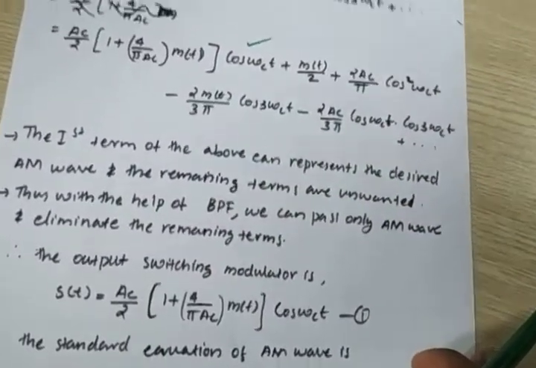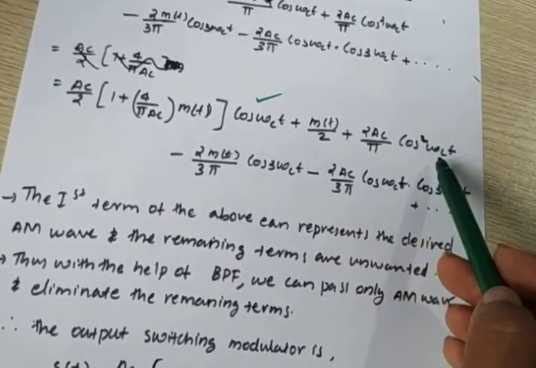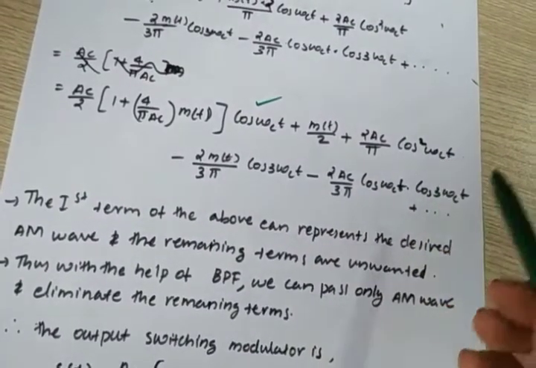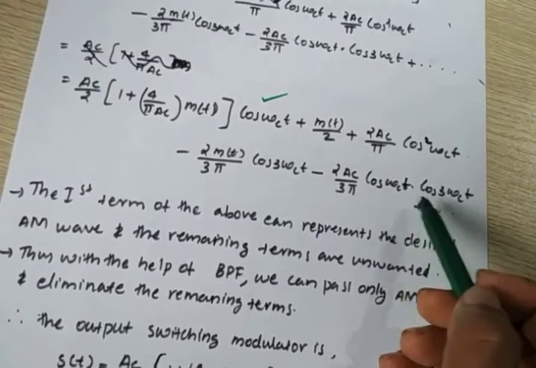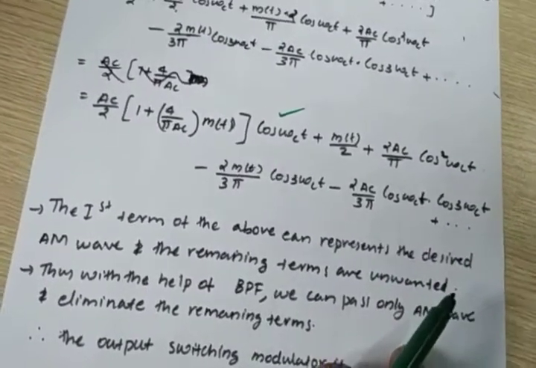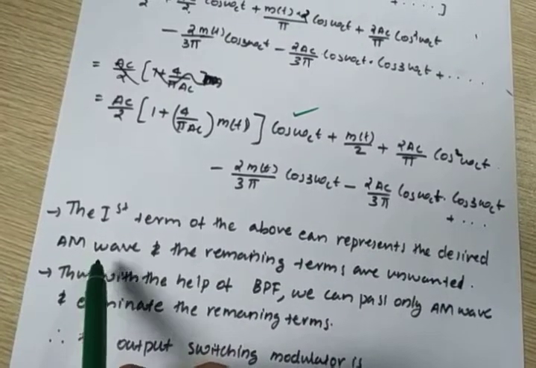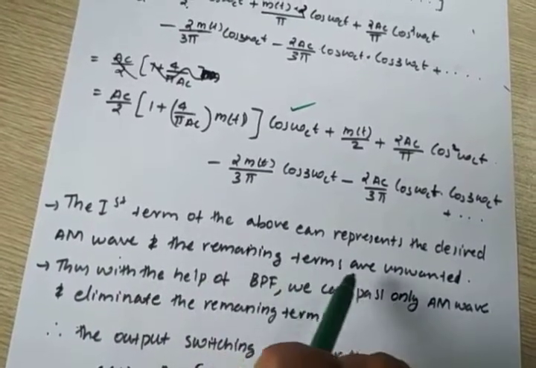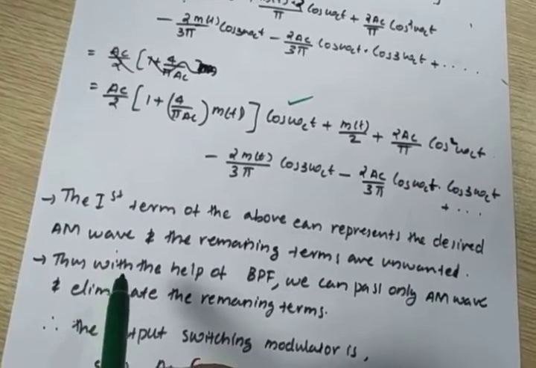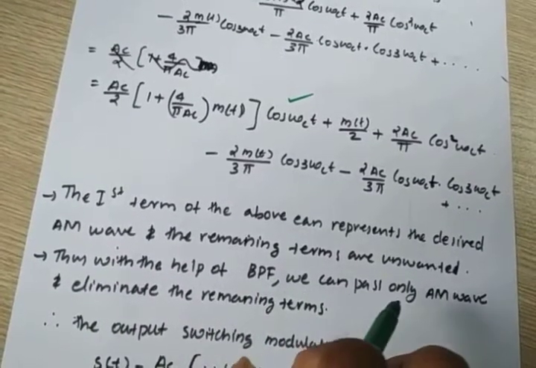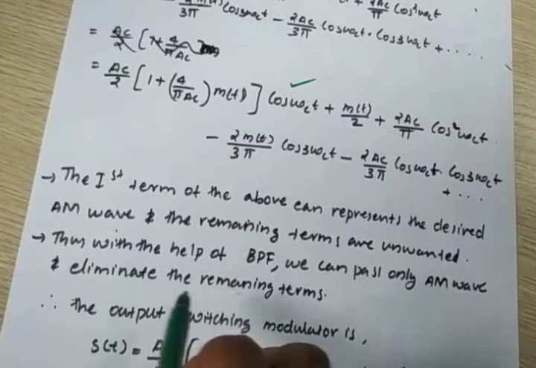Okay, what about here cos square omega c? Here cos omega c into cos 3 omega c. That is a problem. The first term of the above equation represents the desired AM wave and the remaining terms are unwanted. Thus, with the help of band pass filter, we can pass only the AM wave and eliminate the remaining terms.